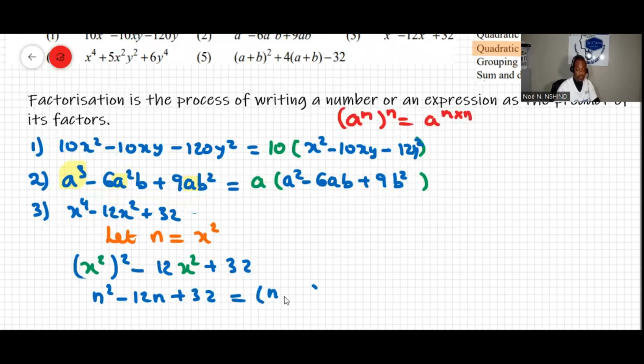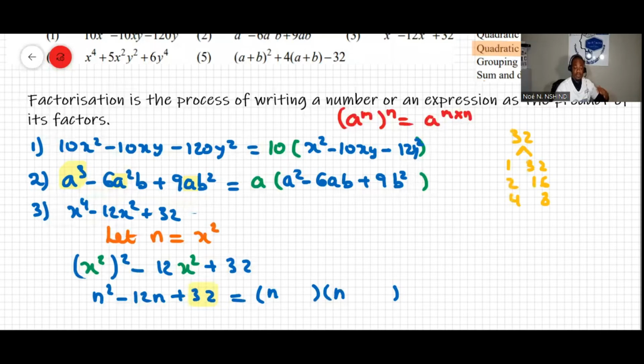There's no coefficient in front of the n squared, so I can just put n in the bracket like that. And then I'll look at the last term, 32. I'll list all the factors of 32 in ascending order: 1 and 32, 2 and 16, 4 and 8, and that's all.